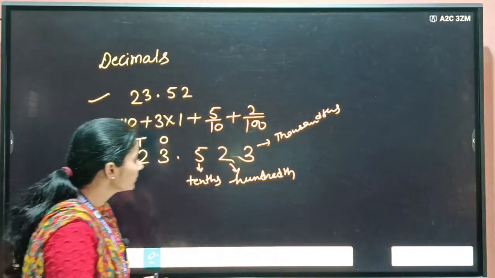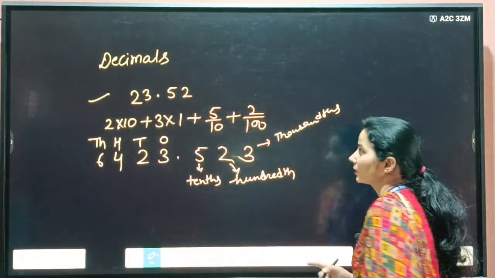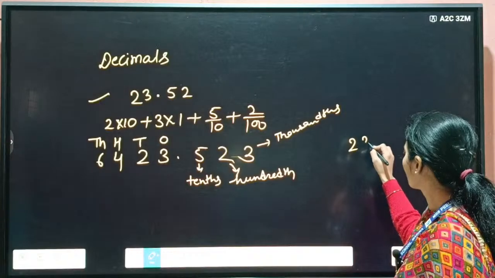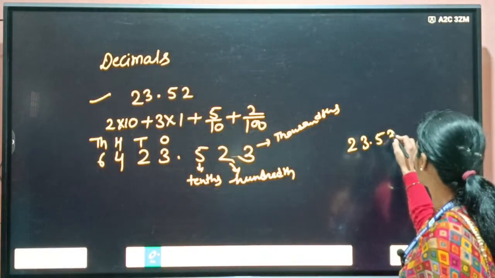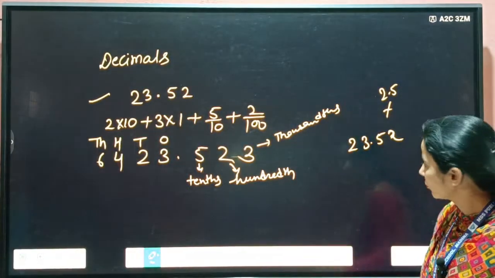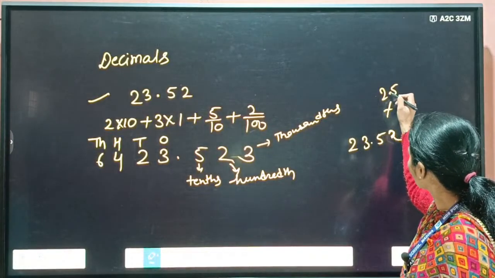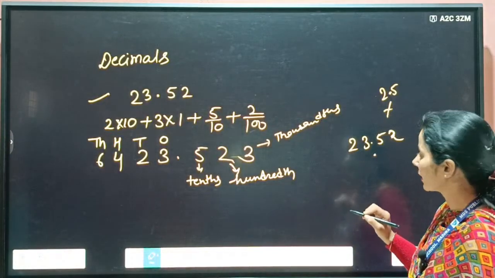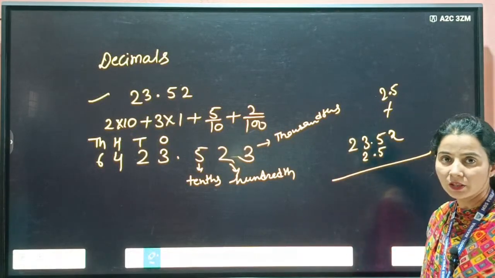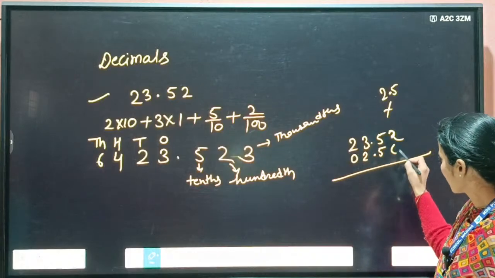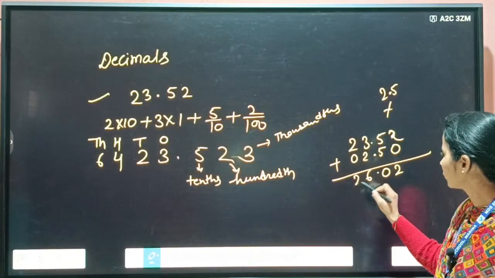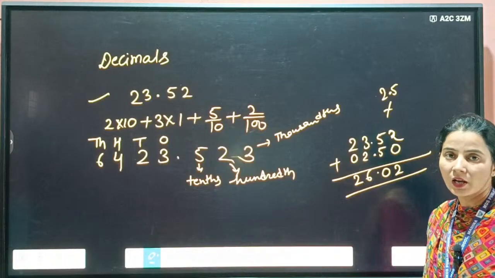We are going to learn in this chapter how we will add two decimal numbers like 23.52 and 2.5. These two numbers we have to add. So we have to put decimal below decimal while we are adding. Then 2.5 should be written in this way, and on the rest of the places you can put 0. Now this is 2, 0 and 6, 2. 26.02 is your answer.